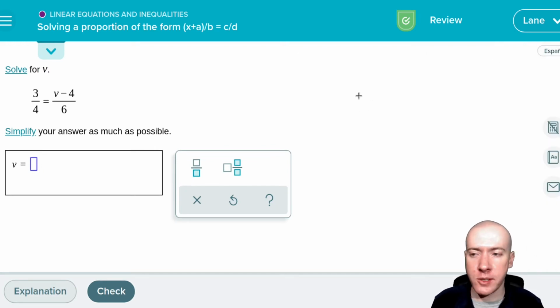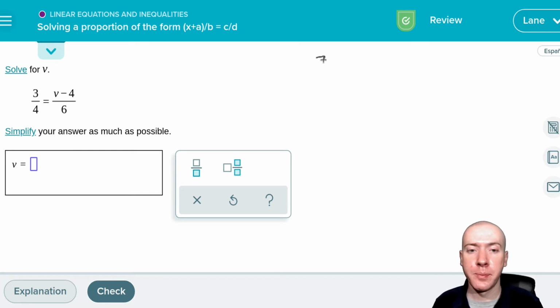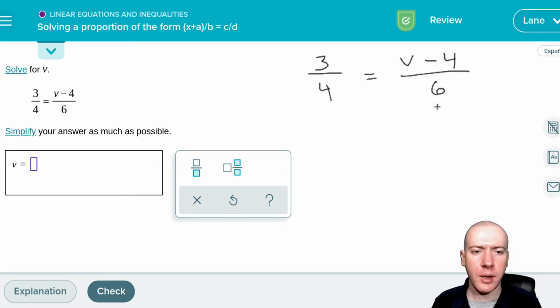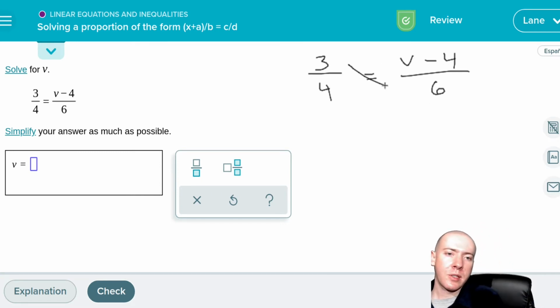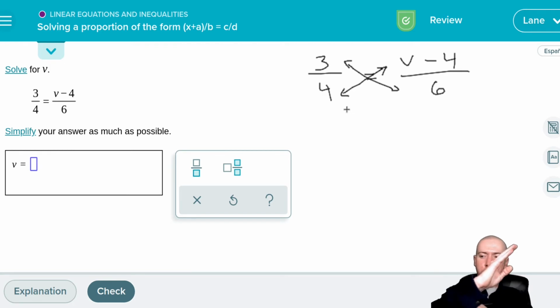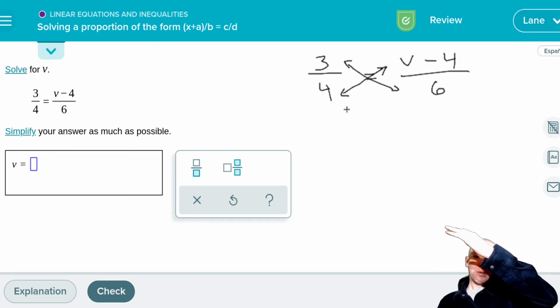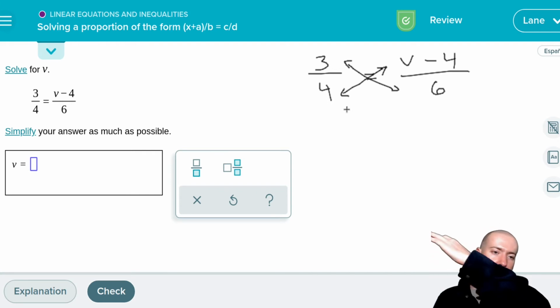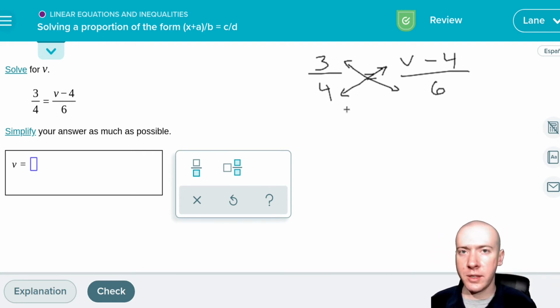Okay, we're going to start by copying down the problem. All right, our next step is going to be to cross multiply like this. So it doesn't matter which one of these we start with. I'm going to start with this one. Okay, I'm going to put the 3 times 6 on the left-hand side of my equation. 3 times 6.